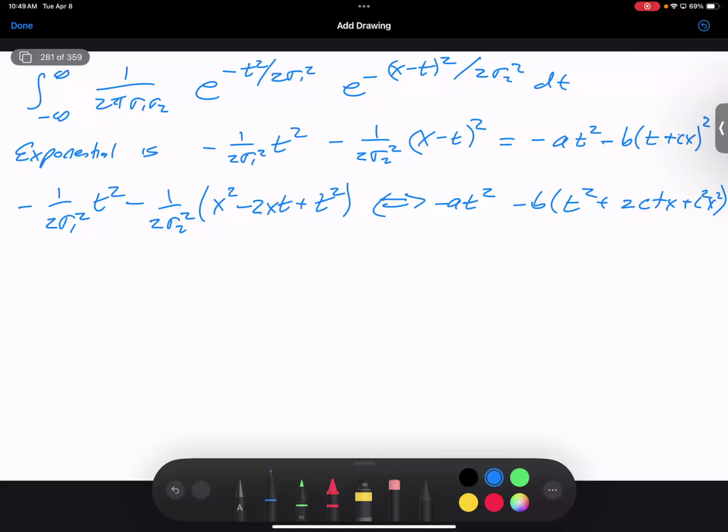So this side, I'm going to have minus a plus b t squared minus 2bc tx, minus b c squared x squared.